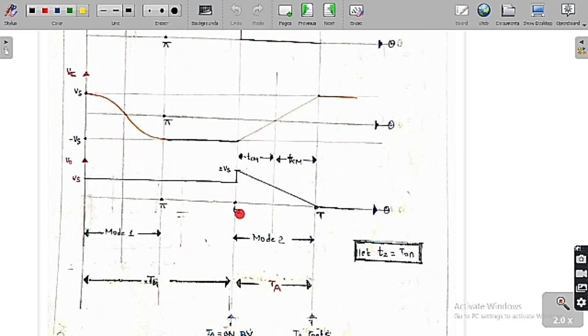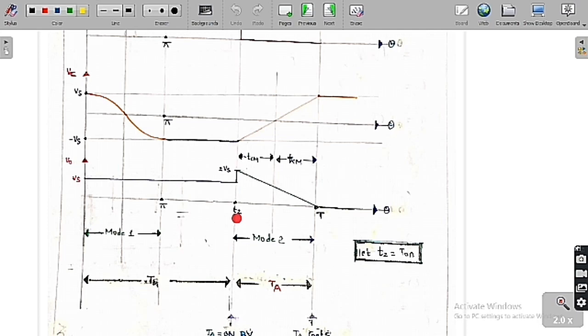Now at omega T2 we are going to turn on the auxiliary thyristor. Whenever we turn on the auxiliary thyristor, what is going to happen? Definitely the capacitor voltage is going to act across the main thyristor.